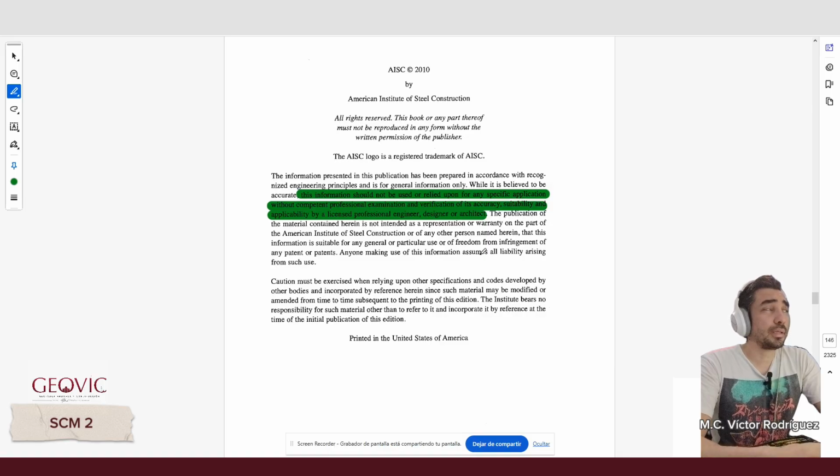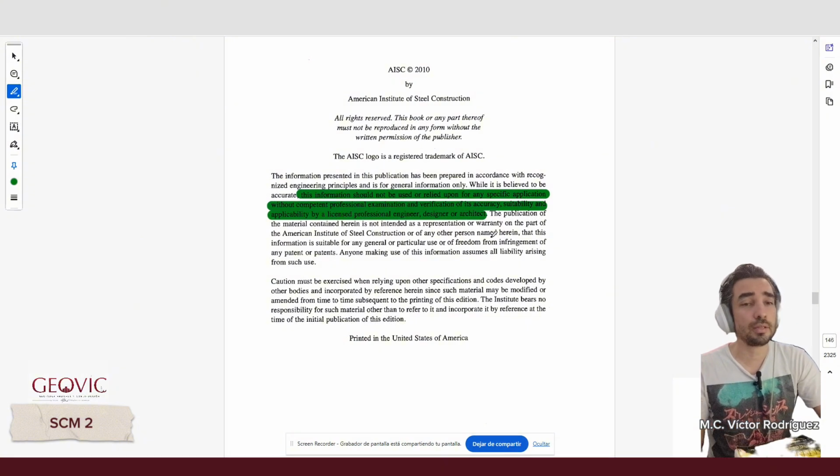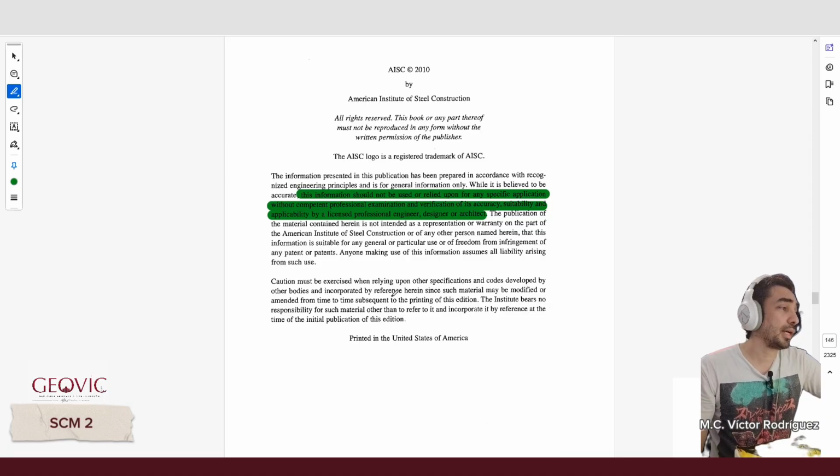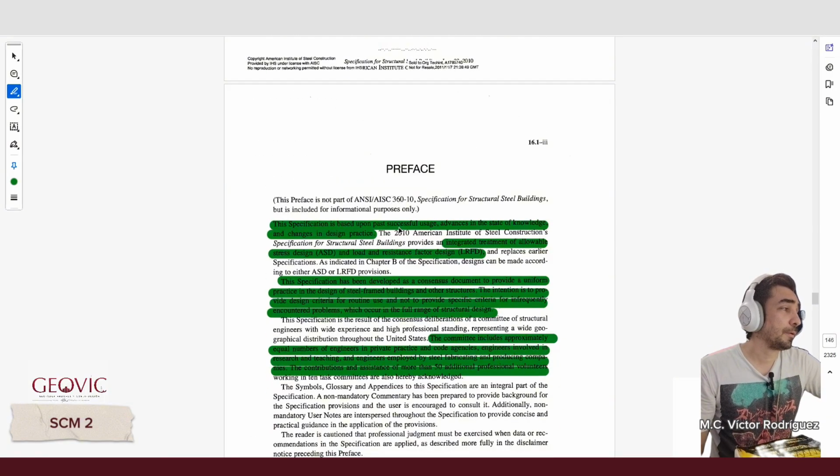However, artificial intelligence does not have any kind of responsibility. The responsibility always lies with the engineer. I think we should take this into account, because it's very important and applies to artificial intelligence issues as well.